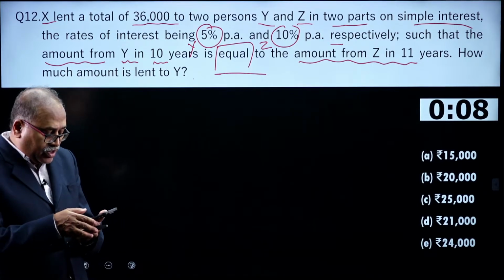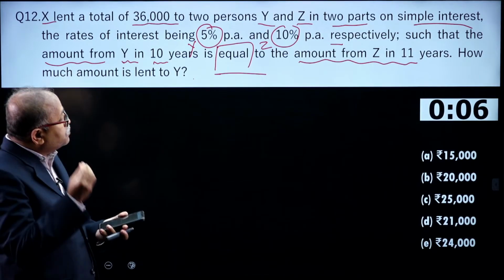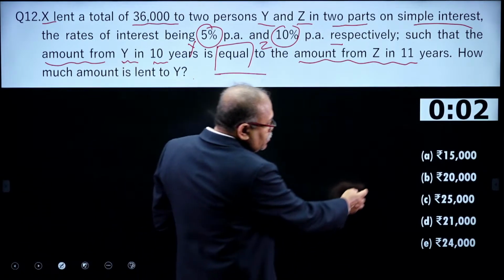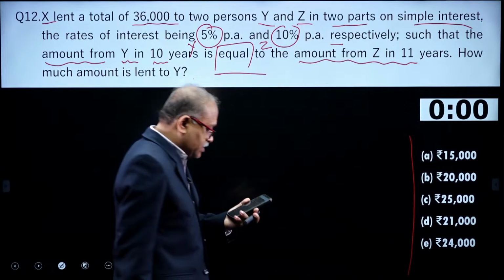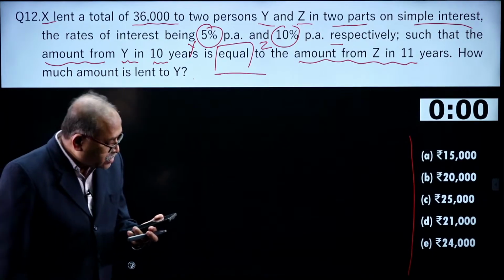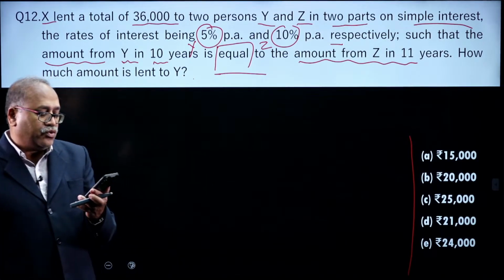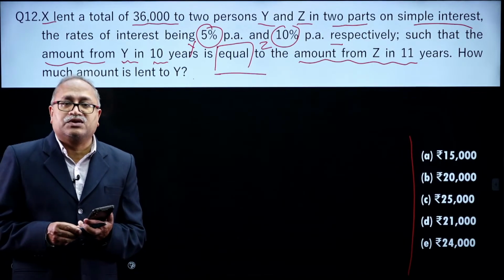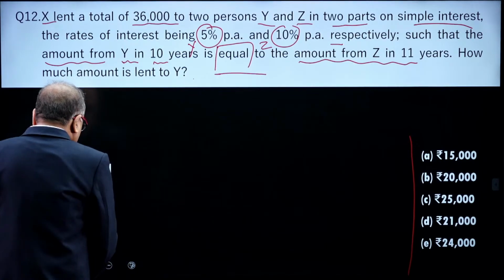So, anyone? 24,000, option D, 24,000. You have 4 options, A to E. 24,000, option A, Appal Naidu. While I was reading the question, I know Appal Naidu has started answering the question. I will tell you what Appal Naidu has done.